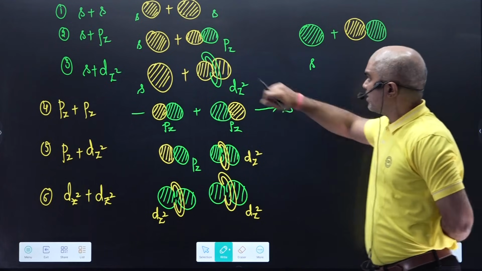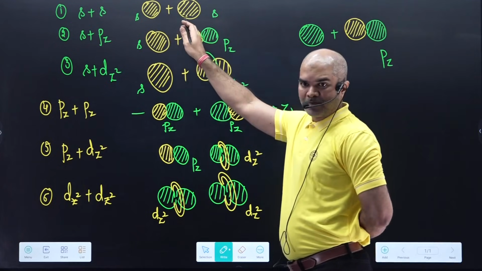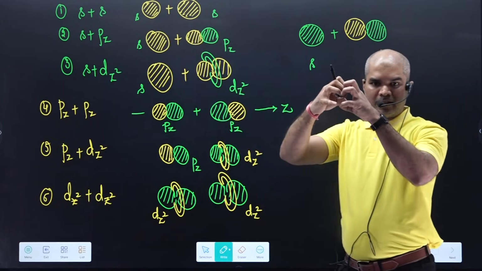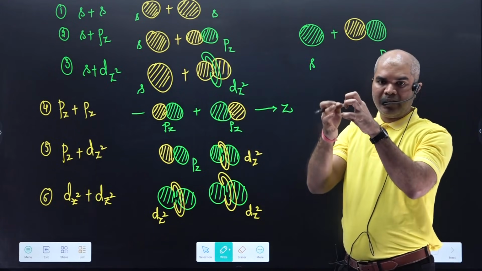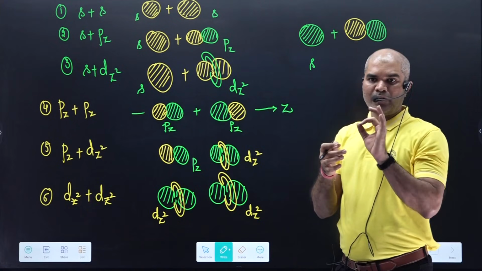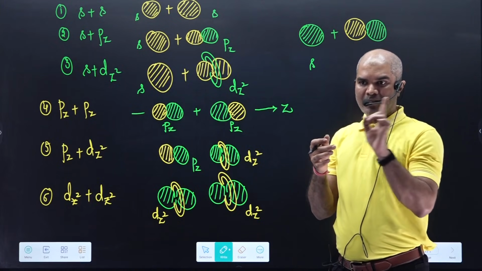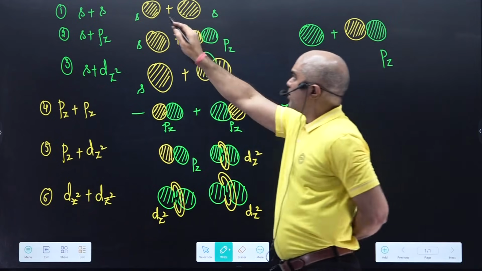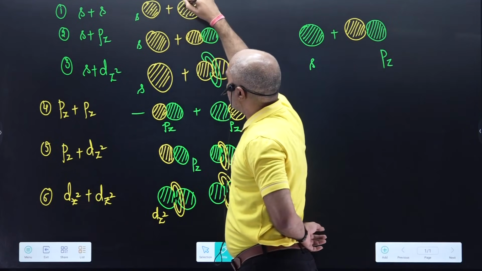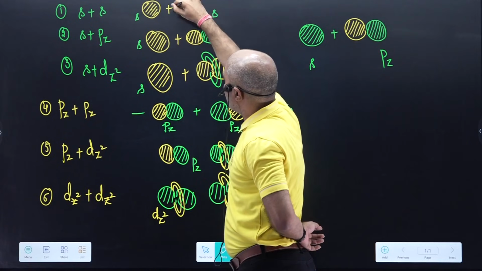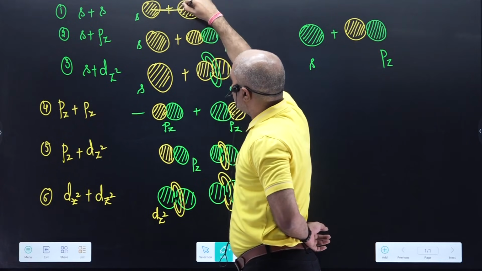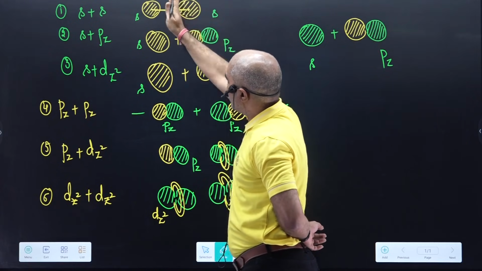Let us check. This is S and S. Plus and plus are combining. In between, in the internuclear axis, do you have any phase difference? Internuclear axis means in the center there is a nucleus, in the center there is a nucleus, these two are combining. Along this internuclear axis, do you have any nodal plane?